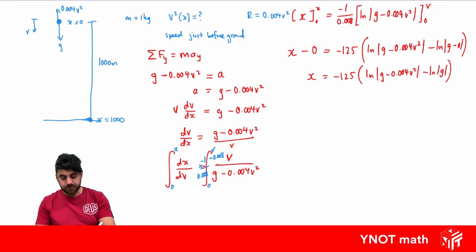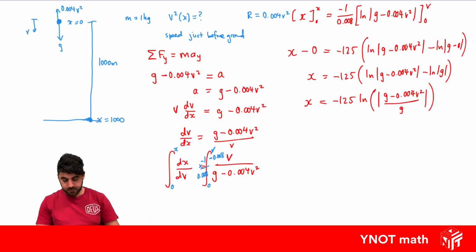Now we have the difference of two logs, so we can combine them as a log of a quotient. So we get x equals minus 125 times log of the absolute value of g minus 0.004 v squared all over g. And now we just need to make v squared the subject, because the question was asking for v squared in terms of x.